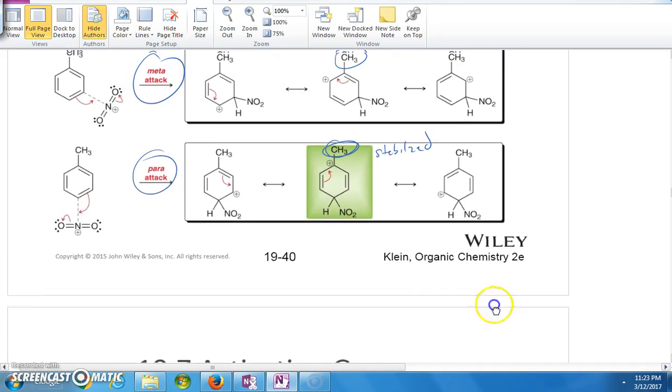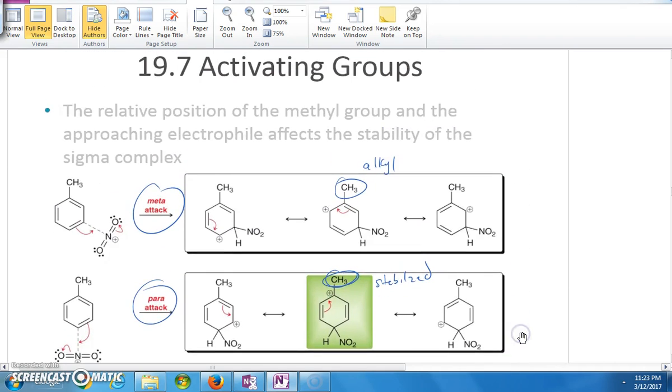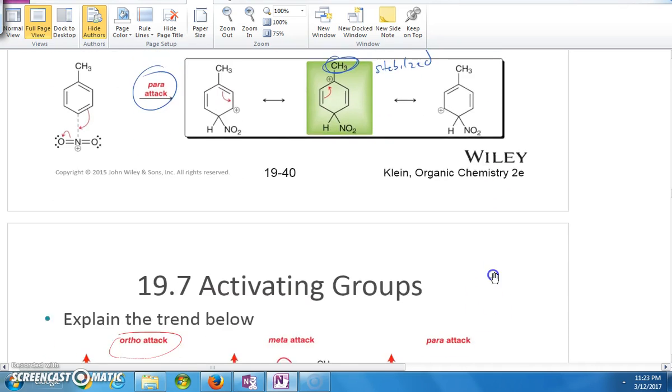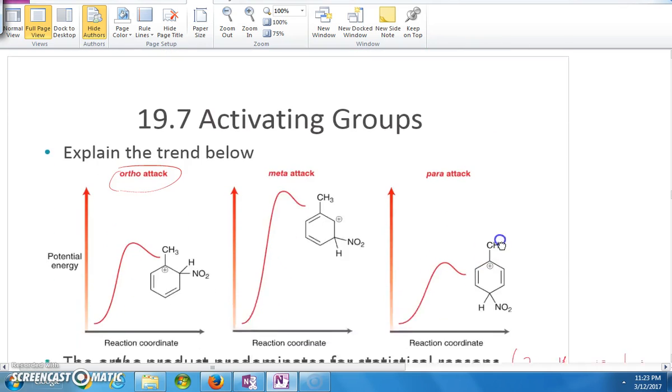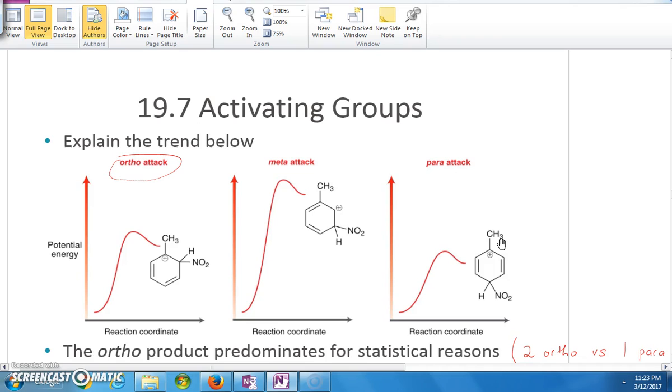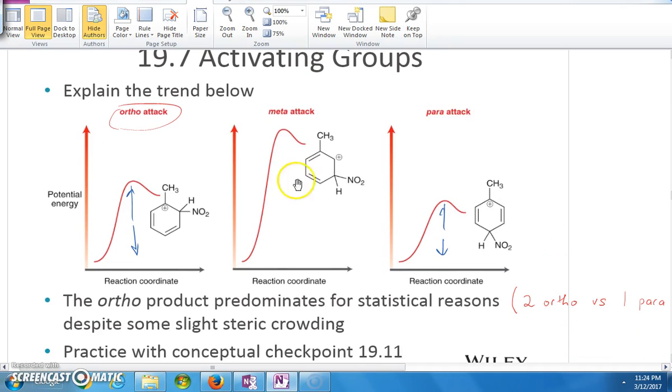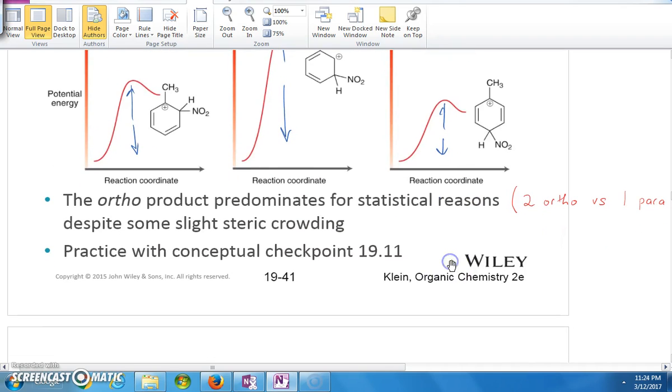So I want you to make a note of that, and that's why something like toluene is an ortho-para director. You can see that the activation energy for the ortho and the para is much less than the activation energy of the meta attack, and that's why the reaction goes ortho-para and not meta.